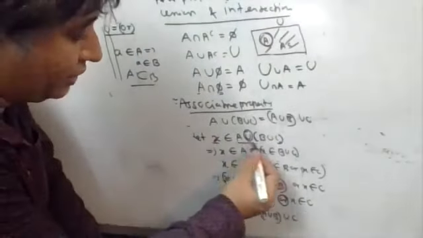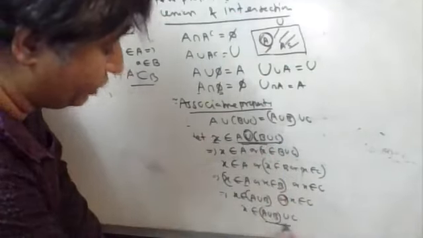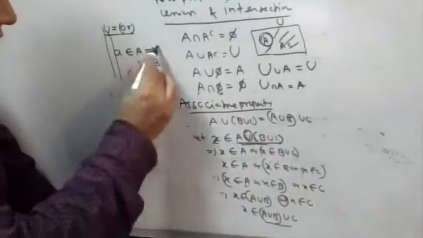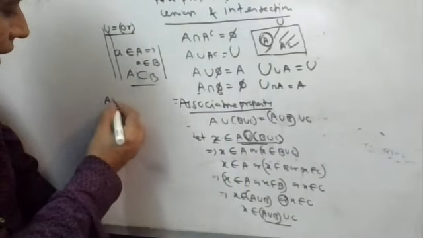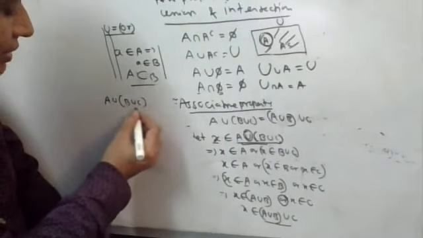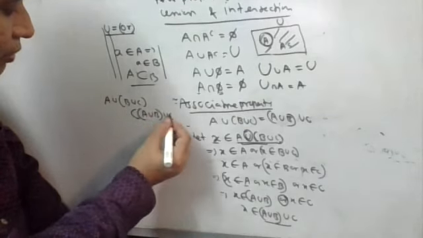That X belongs to this implies X belongs to this. So this set is the subset of this according to the definition of subset. Okay, so A union B union C is the subset of A union B union C.